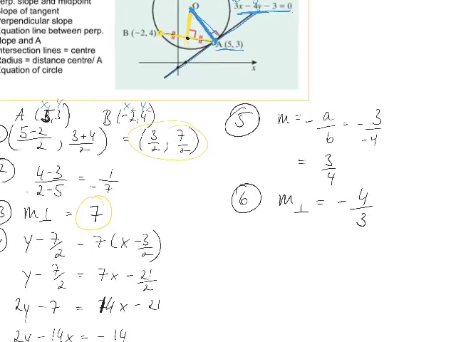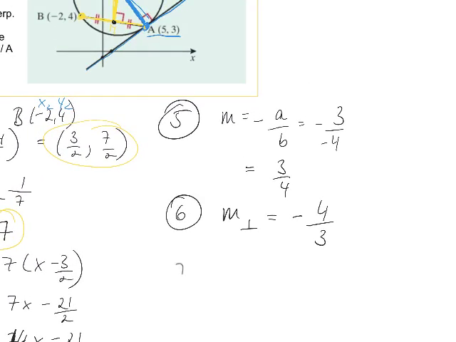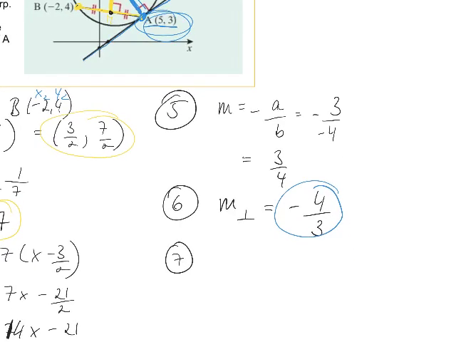So question 7 is to find the equation of the line between this slope and this point A. Okay, so we go y minus 3 equals minus 4 over 3, x minus 5.